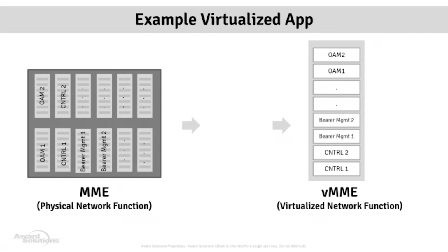So a couple of examples. Let me run through a couple of slides, and if you do have questions, please feel free to put them into the chat. But if I had a telecom function, and a common telecom function is called an MME, or a mobility management entity. What the MME does is it's composed of a number of subcomponents whose job is to manage mobiles in a cellular network. And so I have some operation, administration, and maintenance.